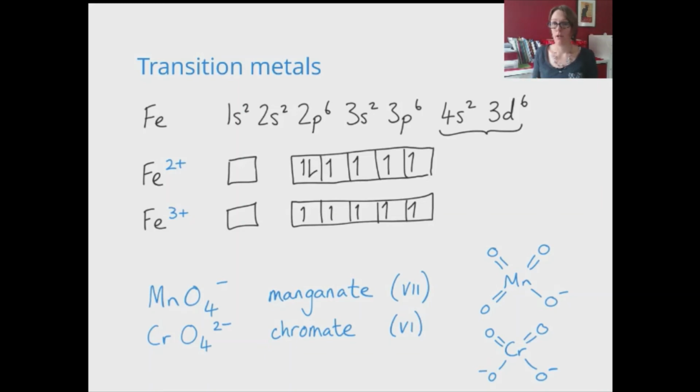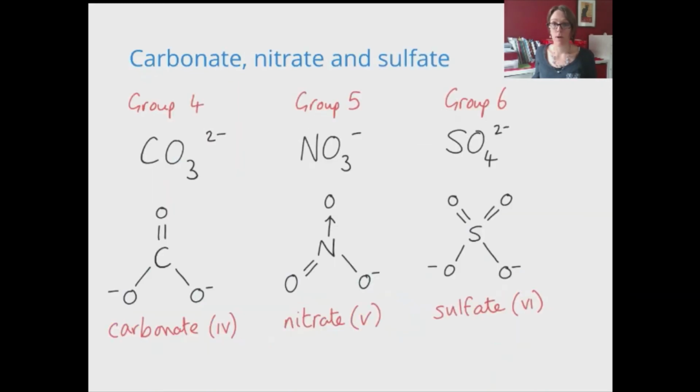And they had an odd charge, -1. Manganate's the same, so manganate(VII) has an odd charge, -1. Chromate(VI) has an even number oxidation state, even numbered charge. It's just to do with the way that oxygen bonds, because it always forms 2 bonds or 1 bond and a minus charge.